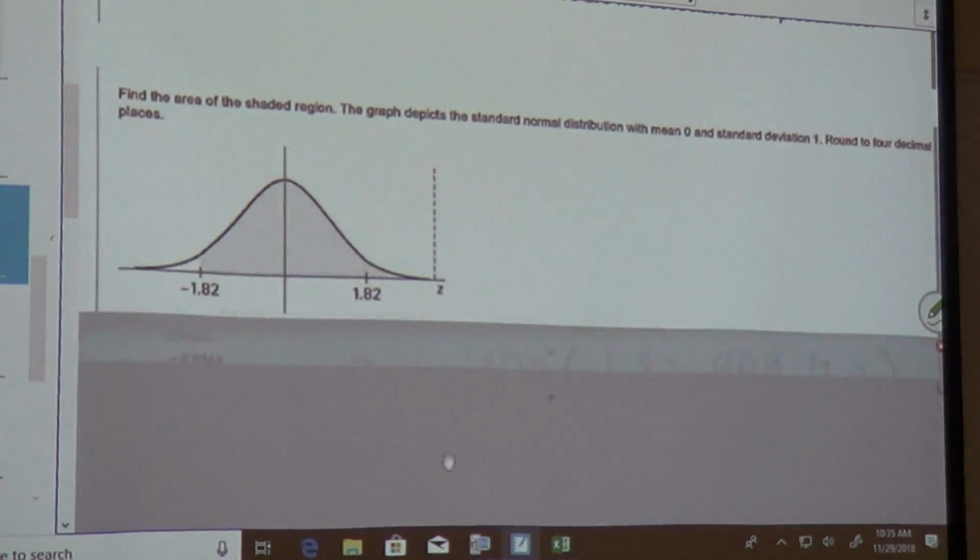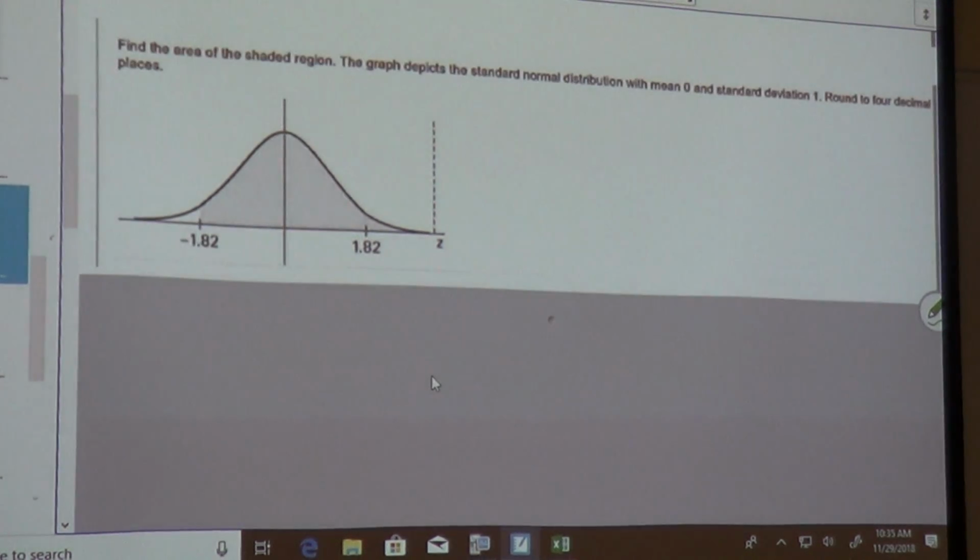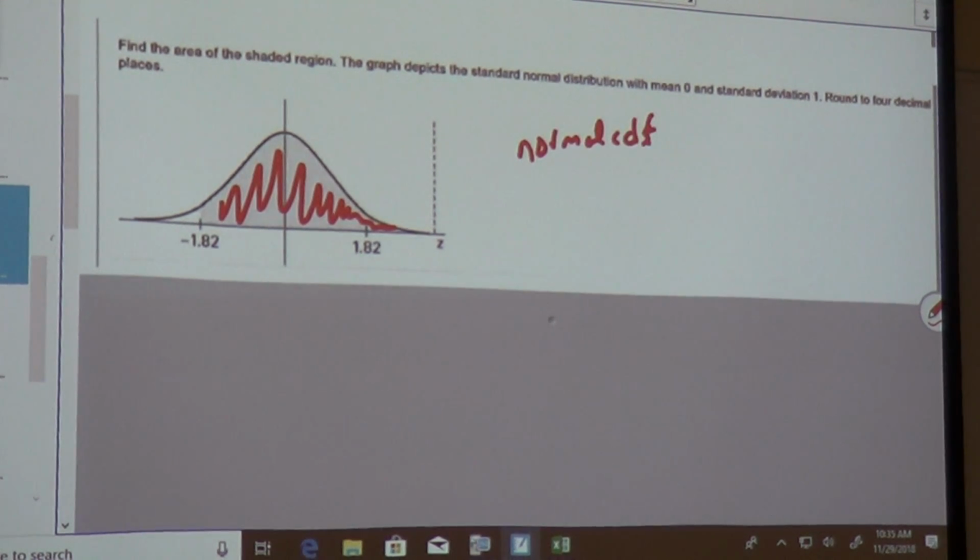All right, now, find the shaded area. I'm finding this. What am I going to use? I'm going to use the normal CDF. Now, because this says standard normal, what is my mean going to equal? And what is my standard deviation going to equal?